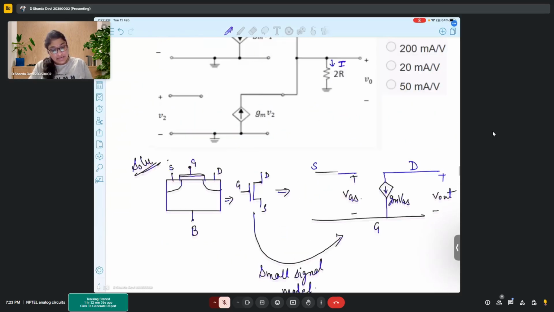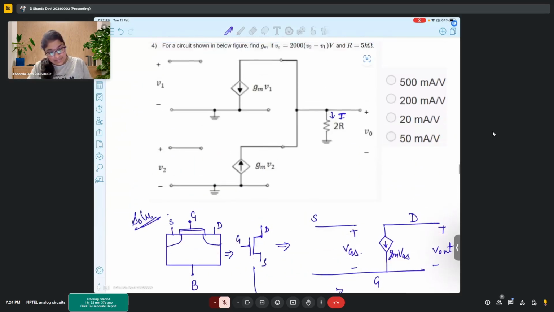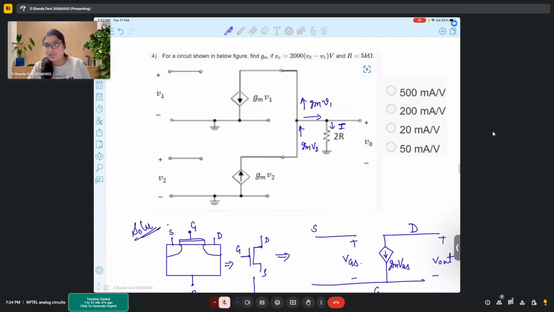Okay. Now let's see that here there is one current which is coming, gm V2, in this branch. This branch consumes a current of gm V1, right? And there is some current I that is flowing through this branch, which is going through the resistor.